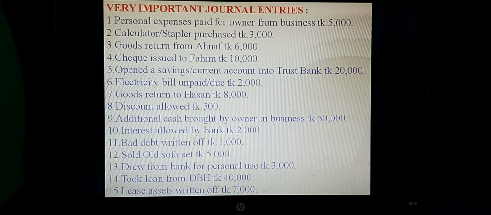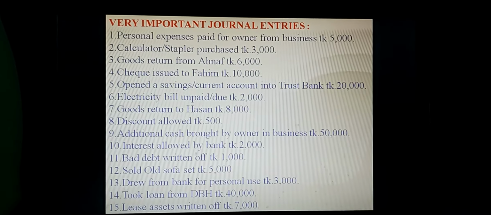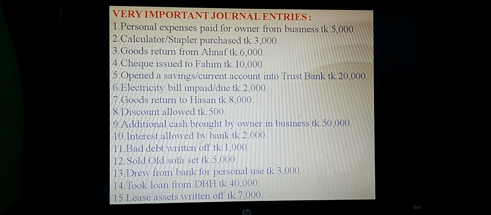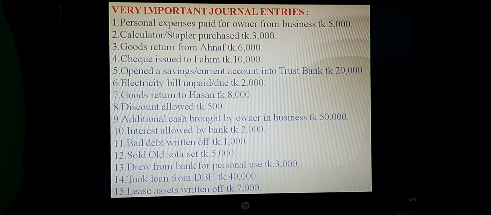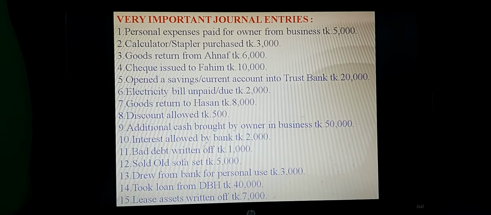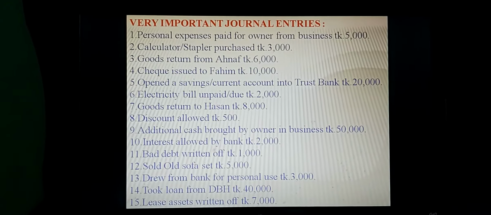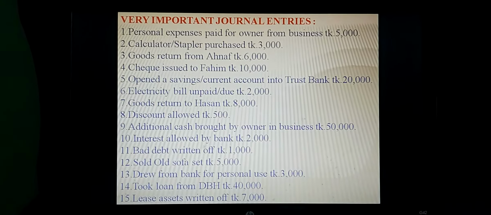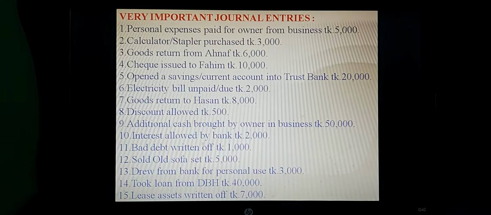So for this transaction, 2 accounts are involved: drawings account, another one, cash account. You know that when equity decreased, then the respective equity account is debit, and cash has gone from the business, so asset account is credit.